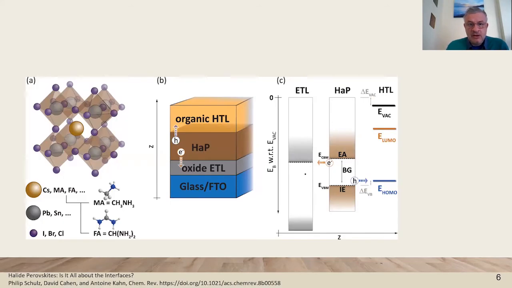Here we have the contact of metal oxide electron selective contact, or electron transport layer as it is also called, to the halide perovskite. Now we can see that we have a good energy match for extracting electrons from the conduction band of the perovskite to the conduction band of the metal oxide.